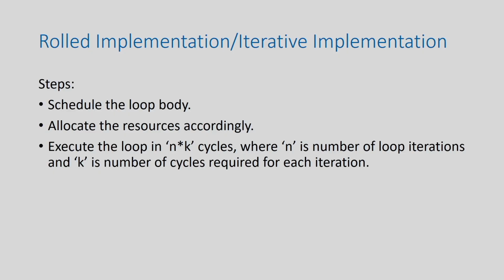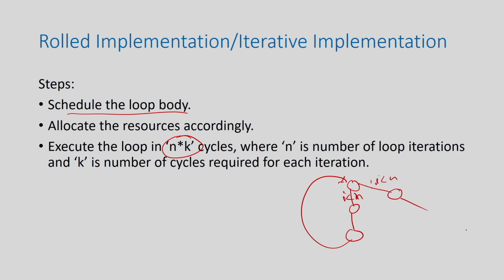So the overall time taken this way is n into k, and it is the simplest version of the loop. You schedule the loop body, say it takes 3 cycles to execute, and then you just loop it n times. If i is less than n you do this, and otherwise you go to the other part.